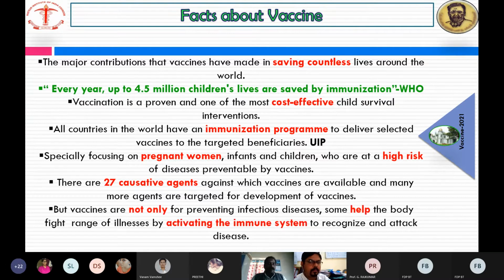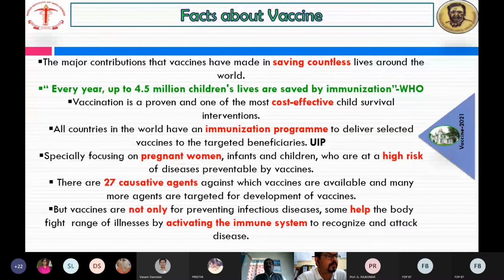But vaccines do not only prevent infectious diseases. Some vaccines help the body fight a range of illnesses by activating the immune system to recognize and attack the disease. Our own immune system is sometimes in hiding or hibernation, and once vaccinated, it elicits an immune response.